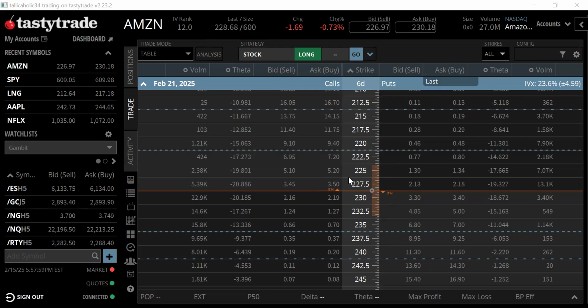That's the premium that we're going after. So when we're talking about intrinsic value and extrinsic value, it's not only speculation on speculation, it's the premium, the cost that it is to purchase 100 shares at this certain price. So again, let me just reiterate that intrinsic value is going to be the stock price minus your strike price, whatever it may be. In this case, 228 minus 225, that's the calls. And the difference between those is going to be the intrinsic value.